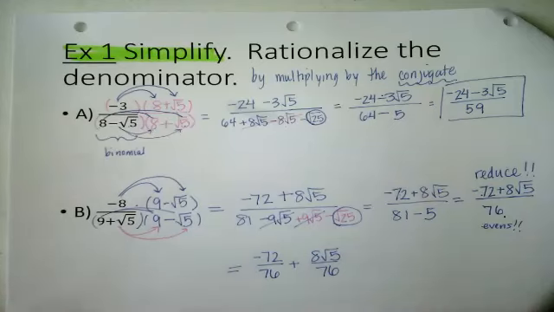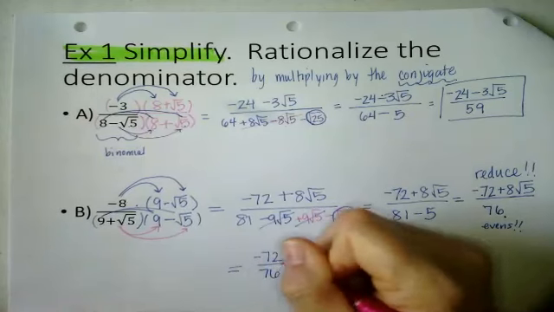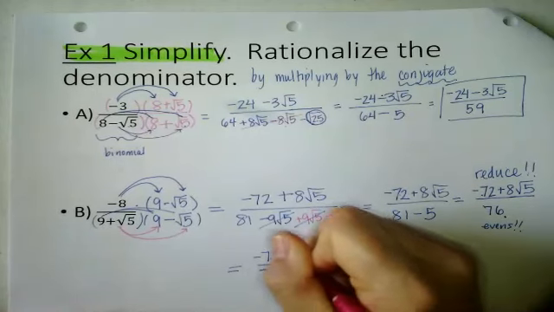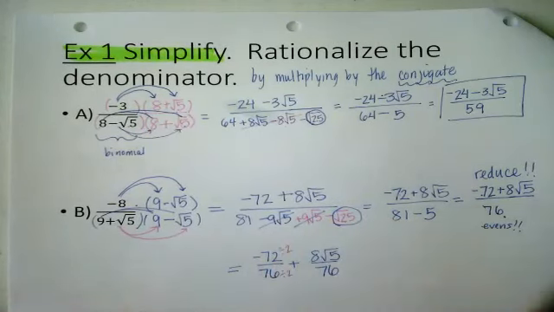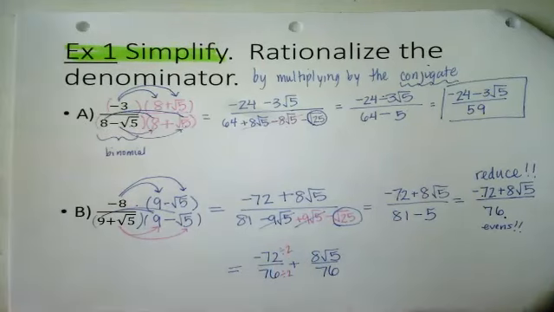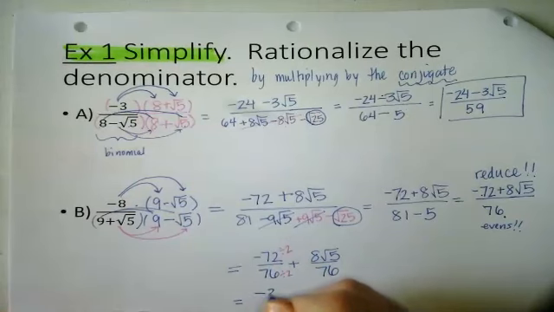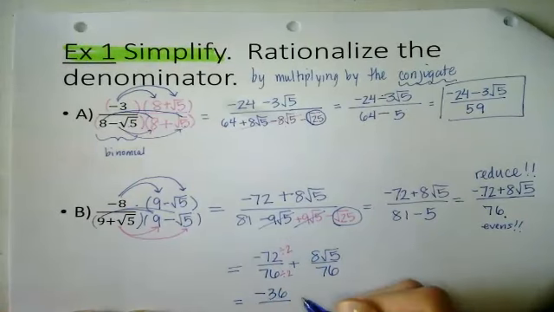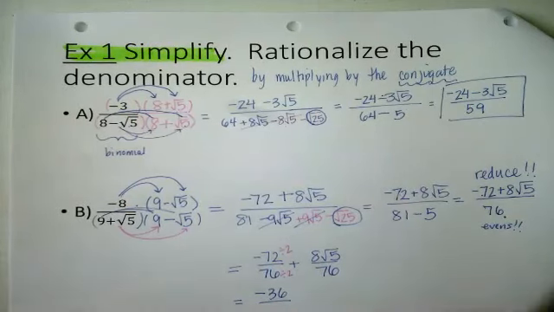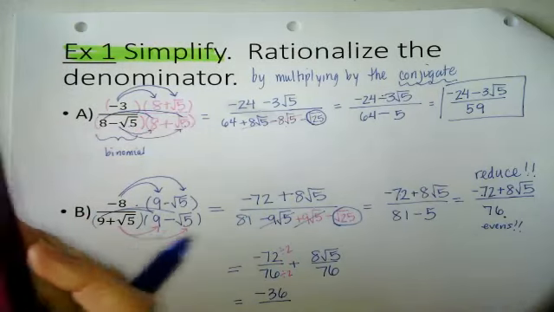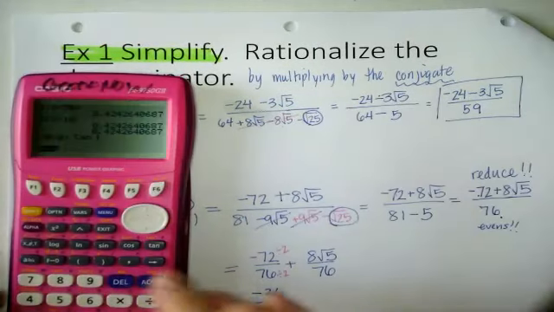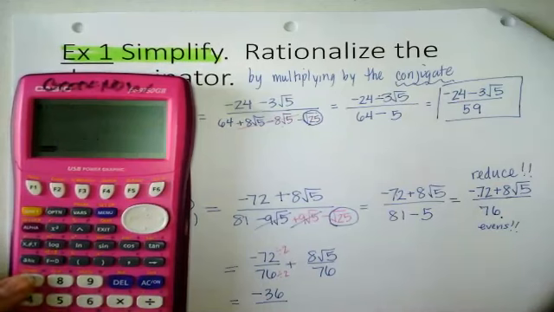Now we can reduce. I know that both of these divide by 2 on top and bottom. 72 divided by 2 is 36, so negative 36. And 76 divided by 2 is 38.